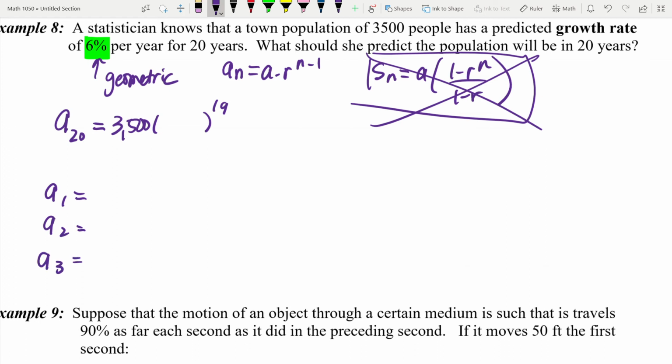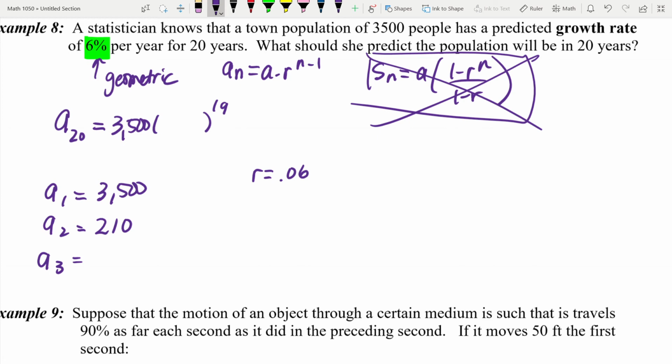So a sub 1 is 3,500. 6% as a decimal is 0.06. So let's say our ratio is 0.06. Then you go 3,500 times 0.06 and you get 210. Is that right? That is not right.